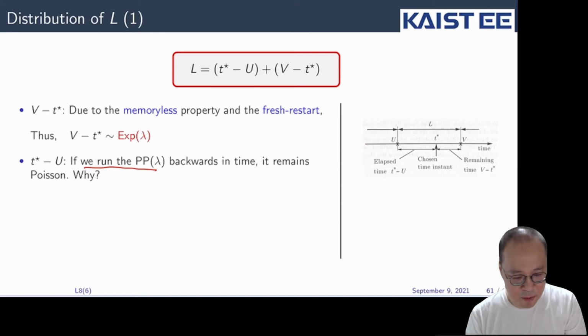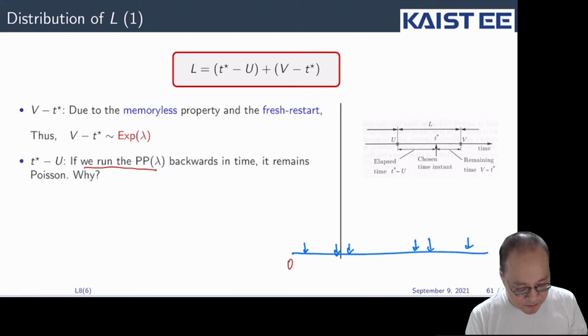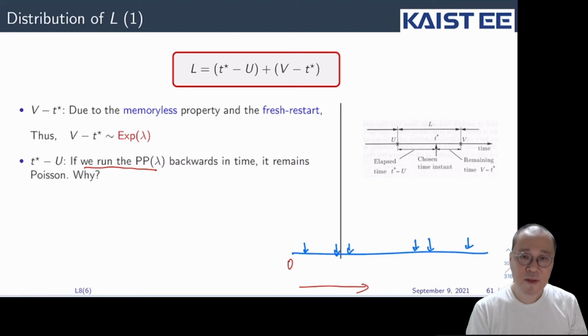Suppose this is a timeline, and we have an arrival here, arrival here, arrival here, arrival, and arrival, and this is how the time goes. But we're going to look at this Poisson process in backward time, and then what happens?